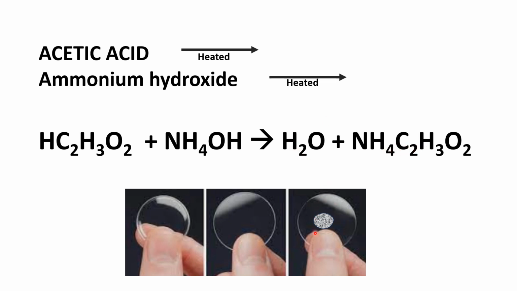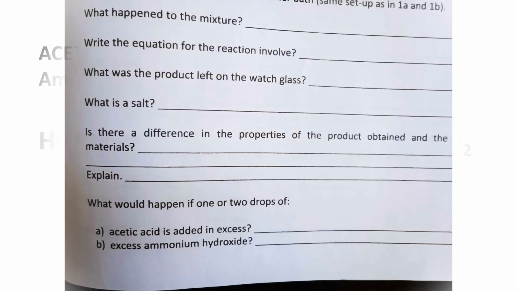So what is left behind after evaporating to dryness is the salt, ammonium acetate. So that answers the question, what happens to the mixture, what are the equations involved, what is a salt?